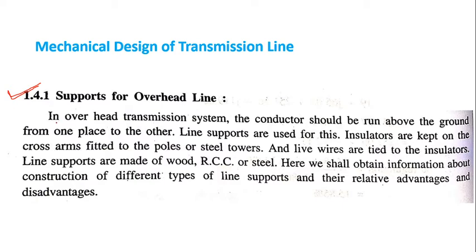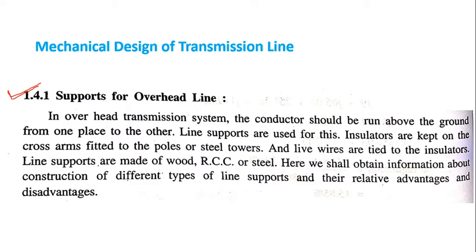In an overhead transmission system, the conductor should run above the ground from one place to another. Line supports are used for this, called poles or transmission towers, and insulators are kept on the cross arm fitted to the pole or steel tower. The insulator isolates the live conductor from the towers, and live wires are tied on the insulators.